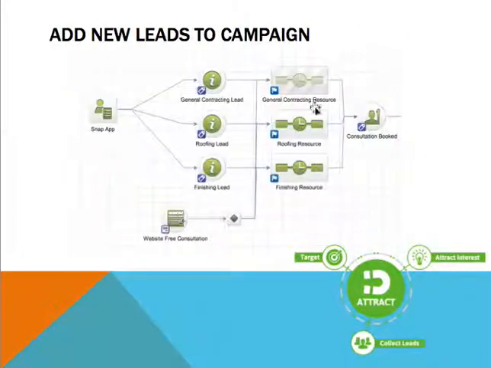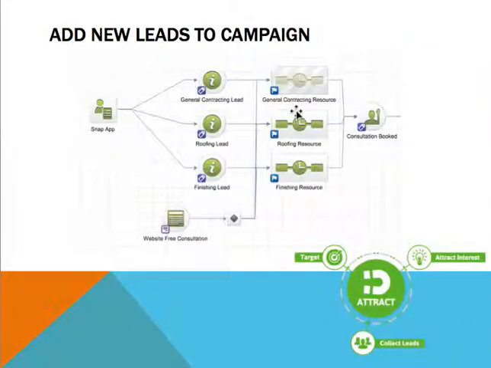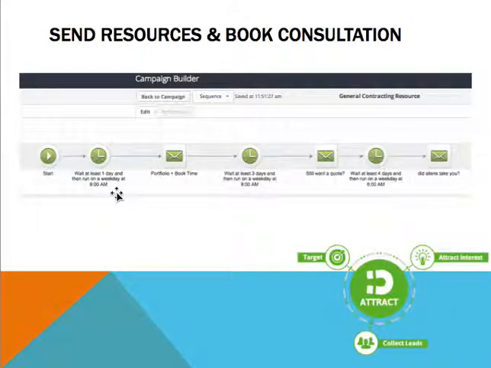So when I click on, let's say, general contracting, let's say he was just more interested in your services. When we double click on this sequence, we see, okay, wait 1 day. It could be wait 1 hour, but in this example, it's wait 1 day and then at 8 o'clock, send our portfolio and let's book a time.